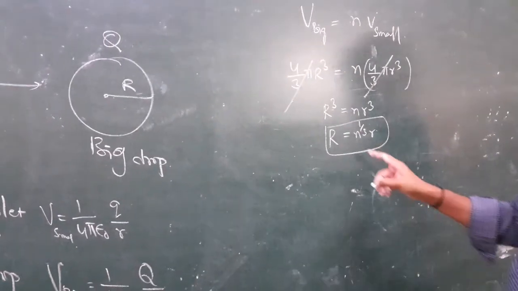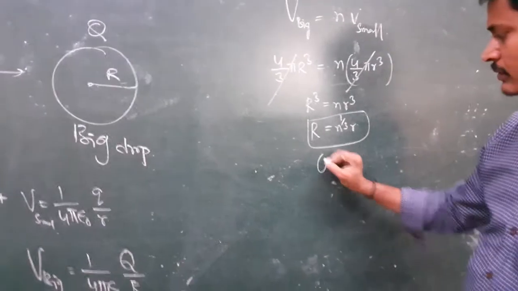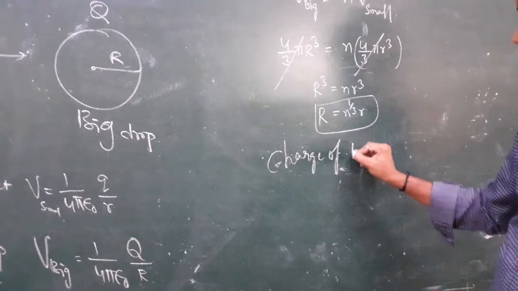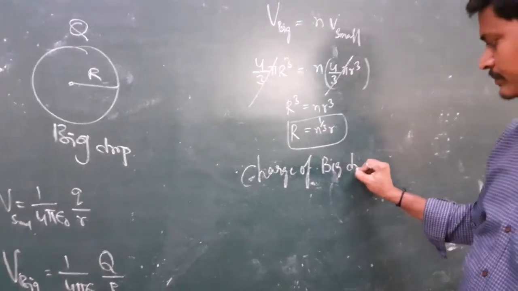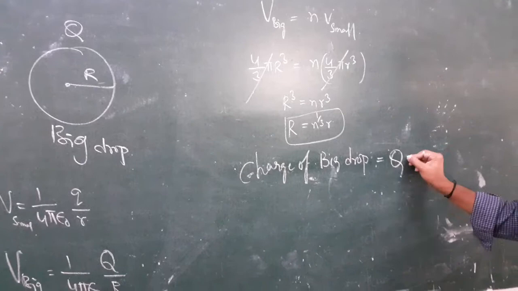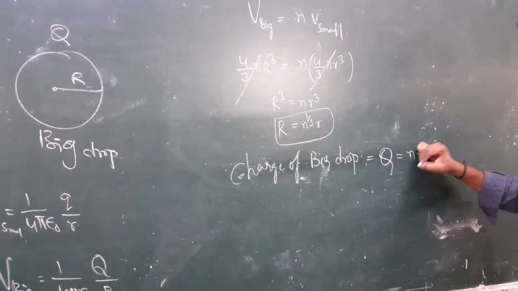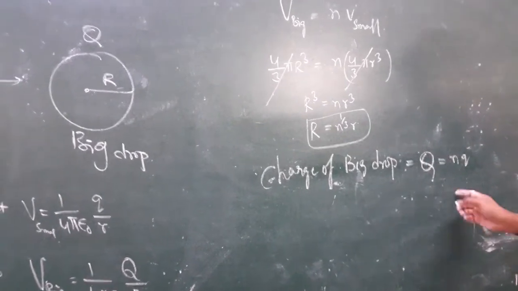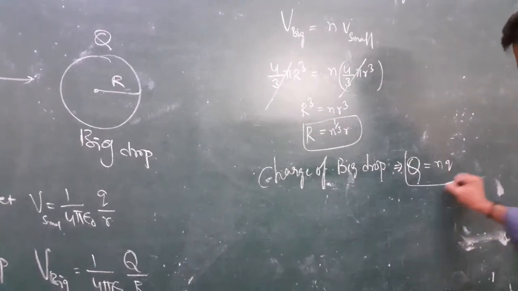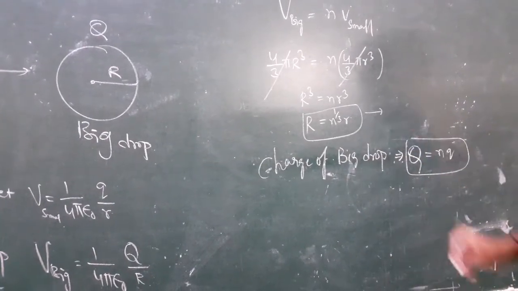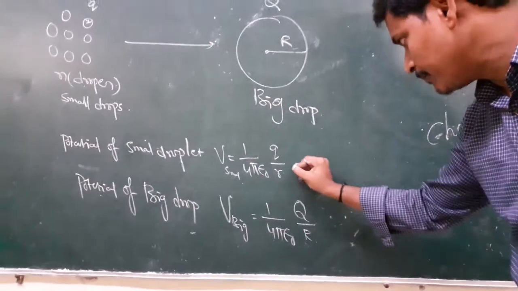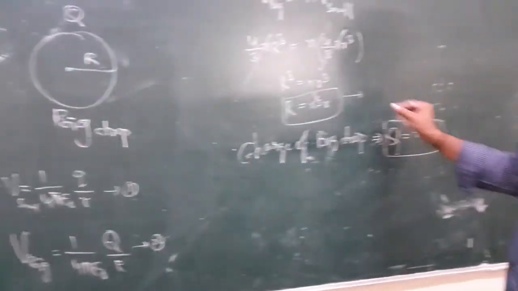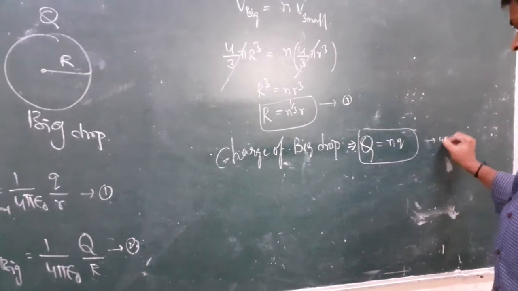And the charge of the big droplet is capital Q, which is equal to n times the charge of the small droplets, that is capital Q is equal to n into q. These are equation 1, equation 2, equation 3, equation 4.